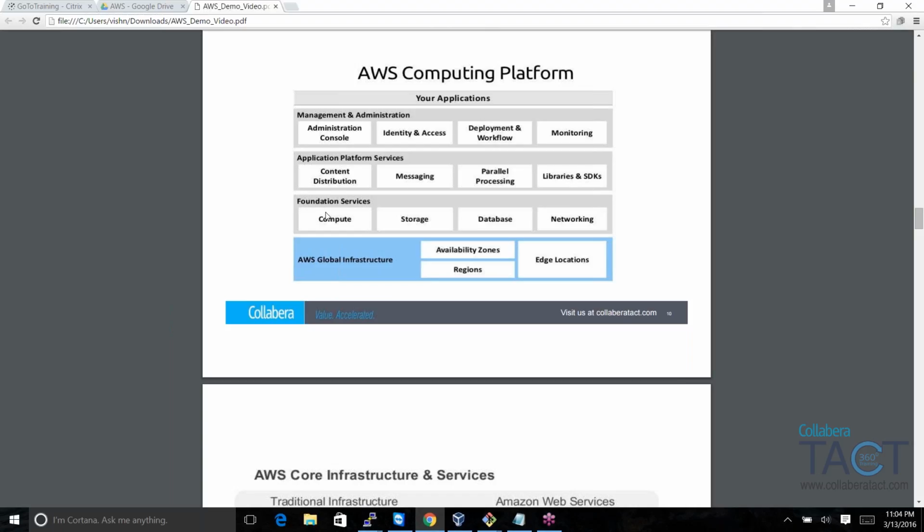On top of this, you can run your application using any of the services you're looking at. We're going to talk about most of the services in the class, may not be all, but we'll cover most of the important services being used in the market. Okay. Any questions?